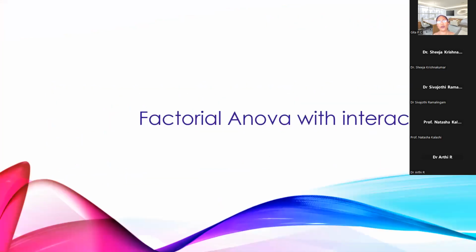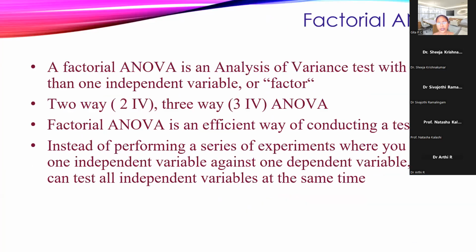Now we are going to see one factorial ANOVA with interaction effect. Let me tell you what interaction is when we get to that. So you understood what factorial ANOVA is: if you have more than 2 independent categorical variables, it is called factorial ANOVA.